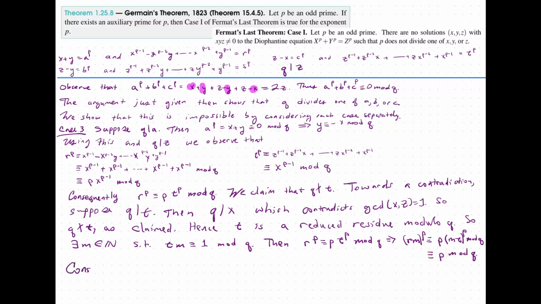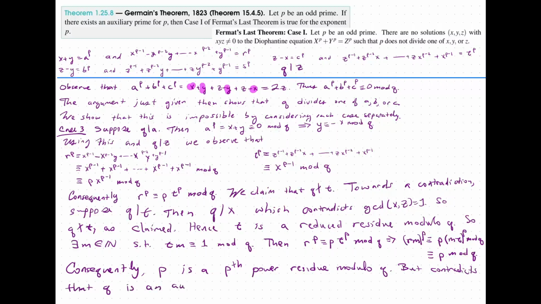So consequently, we have that p is a p power residue modulo q. But this contradicts our assumption that q is an auxiliary prime for p.